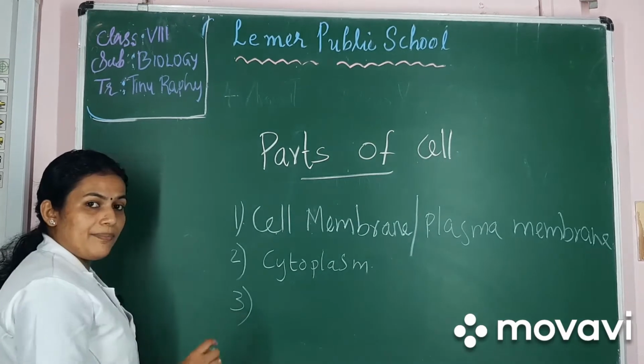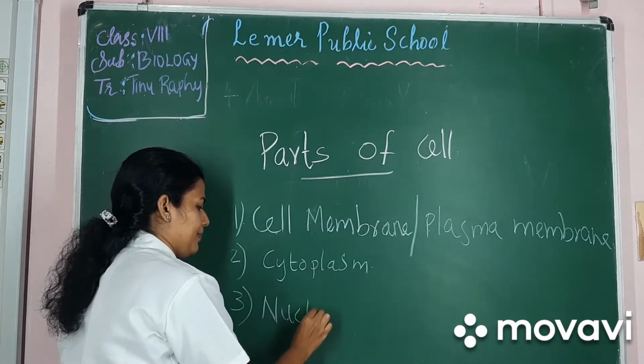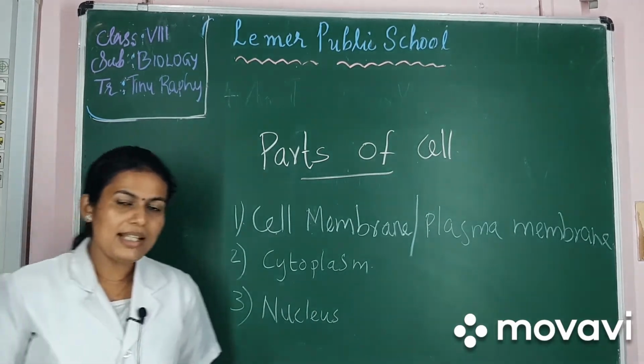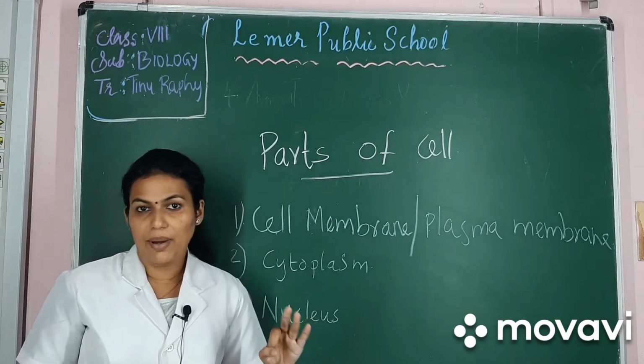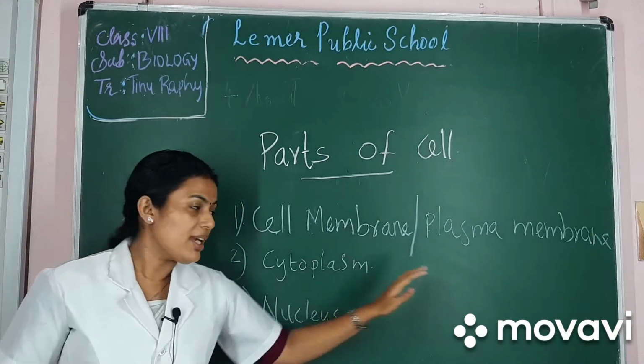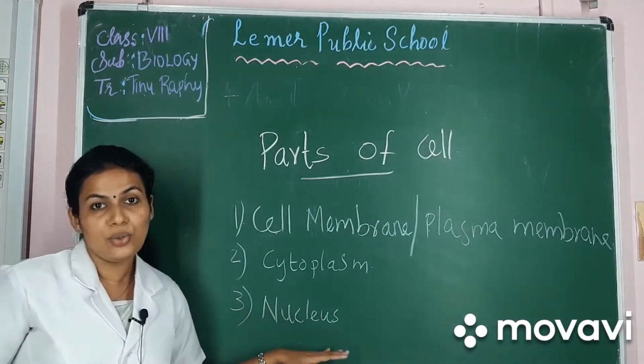Third part is nucleus. So children, a typical cell contains three parts. First part is a cell membrane, or it is called plasma membrane. Second part is cytoplasm, and third part is called nucleus.